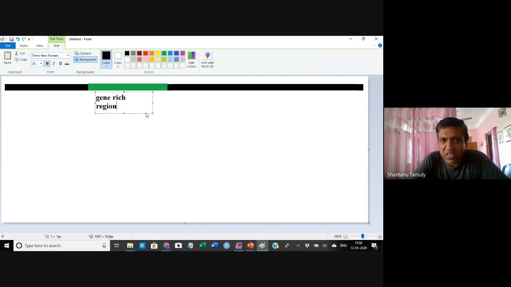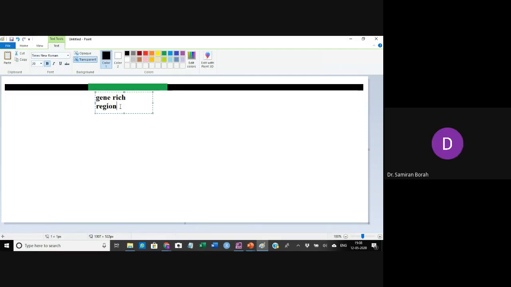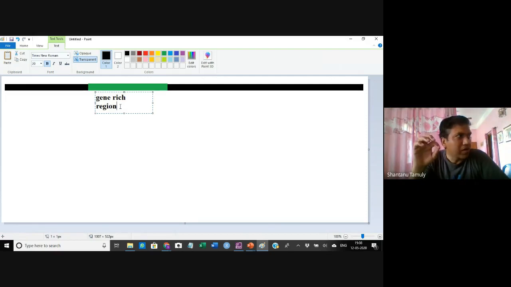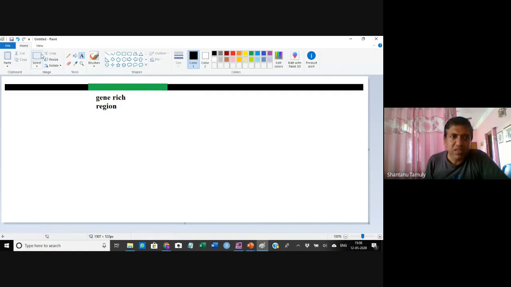Now this kind of gene rich region of the DNA spans many parts of the genome. It is not located in only one part; it is located in different parts. For example, if this is one gene rich region, a similar gene rich region you will find somewhere else also.